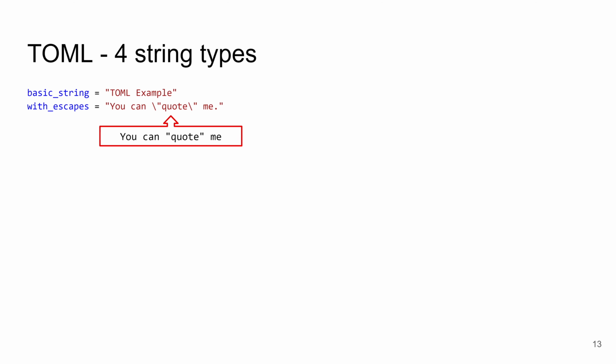Let's now move to the value side of the key value pair, and we'll talk about strings. In TOML, there are 4 basic string types. There is the basic string in double quotes, which can contain escape sequences for special characters, such as double quotes themselves, but it cannot contain new lines. So this is a basic string.